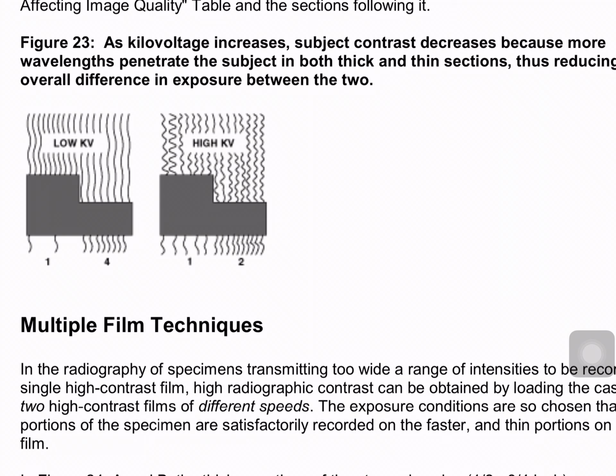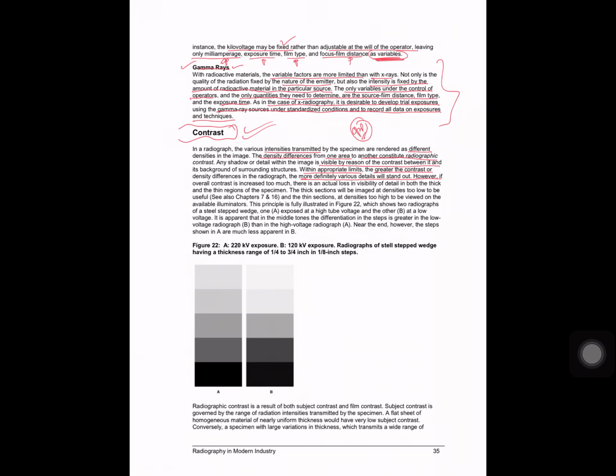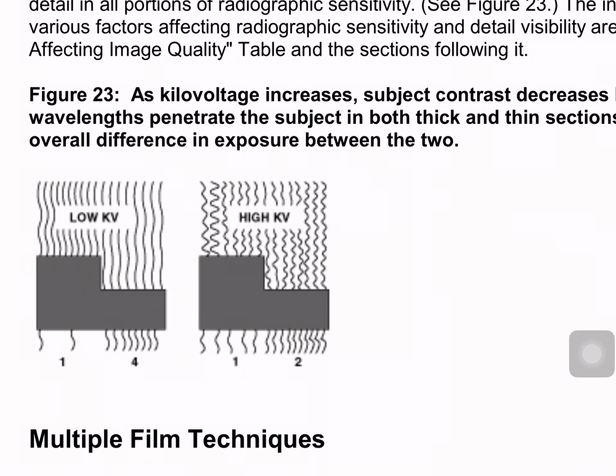In the low kilovoltage, at the higher thickness, the transmitted energy is very little, and in the thin section with low kilovoltage, the transmitted energy is higher.